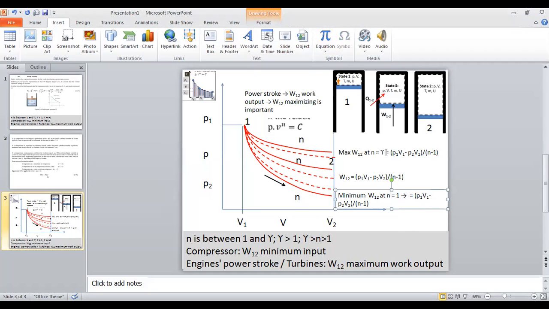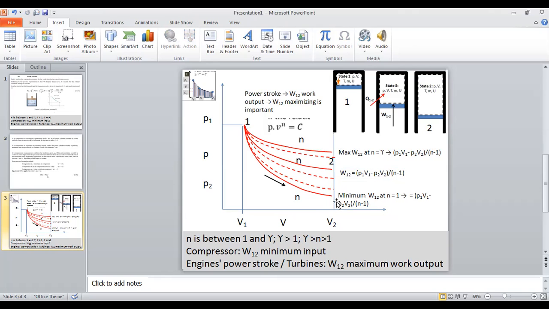This is 1. So the maximum W12 is at n equals gamma. Because even in P2 V2, P1 V1 to the power n is P2 V2 to the power n. Finally, you can have some more simplified expressions, but this is the case. N equals gamma, highest work done.